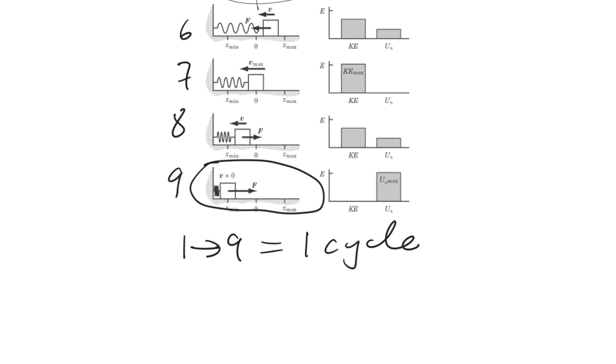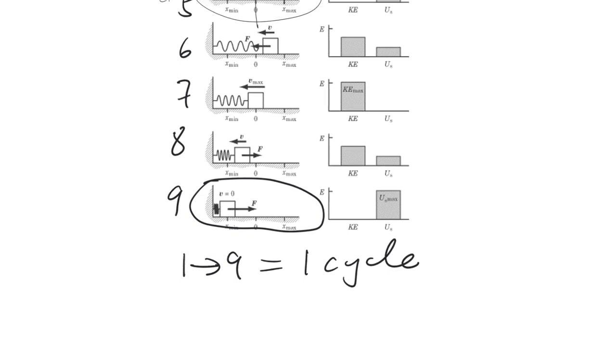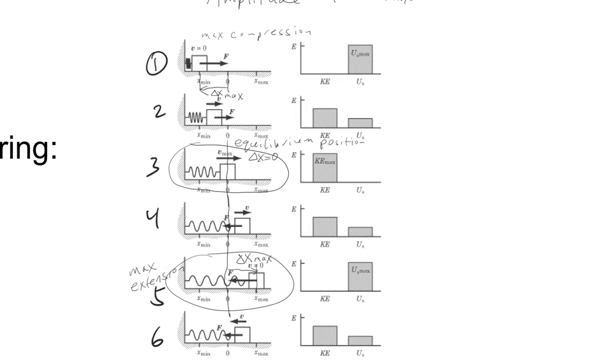How many amplitudes are you doing in a cycle? Okay, well, going from 1 to 3, you did one amplitude, right? And then going from 3 to 5 is another amplitude.